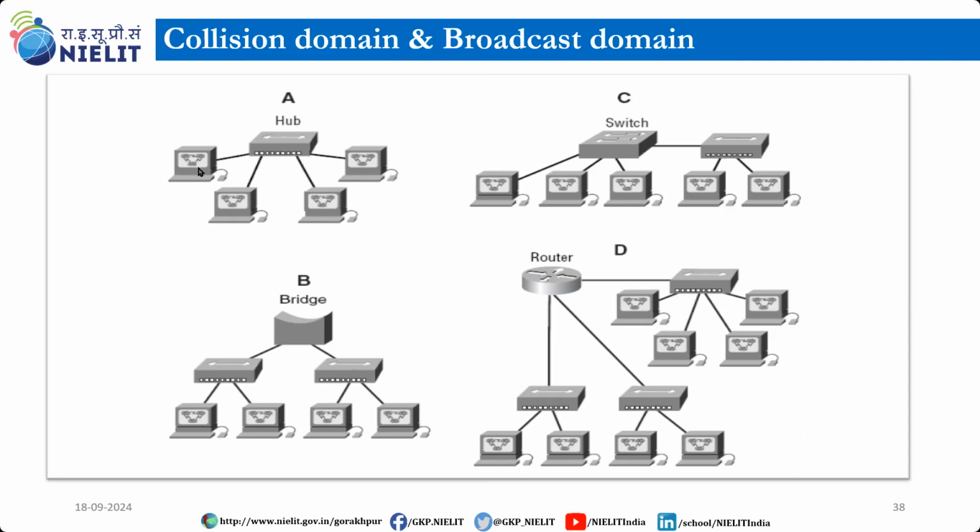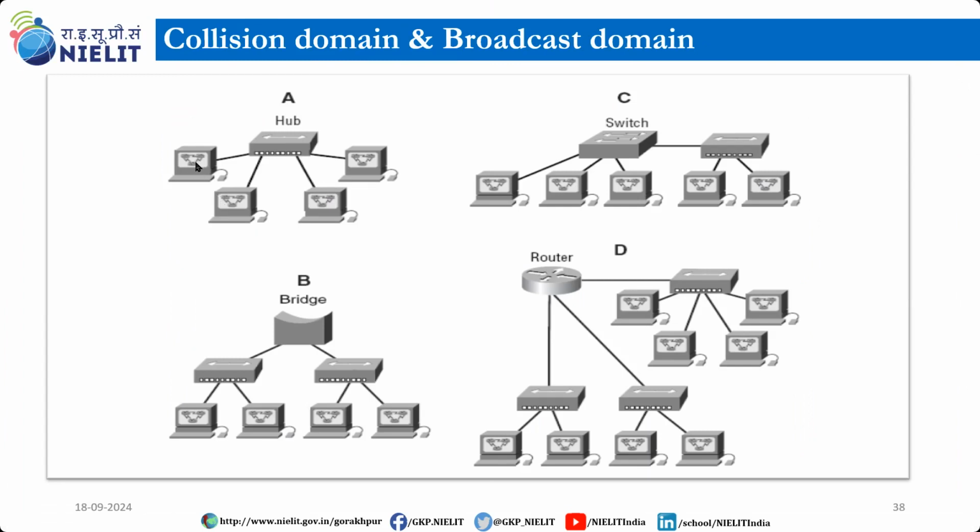Even in the case of a hub, if this PC is trying to send a unicast message, this unicast message will also be broadcasted. Because a hub is not an intelligent device, it will always broadcast any type of traffic, whether it is unicast, multicast, or broadcast. Suppose this PC wants to communicate with the second PC.